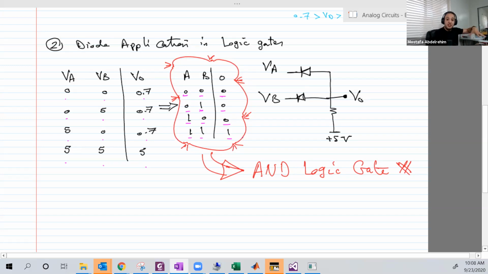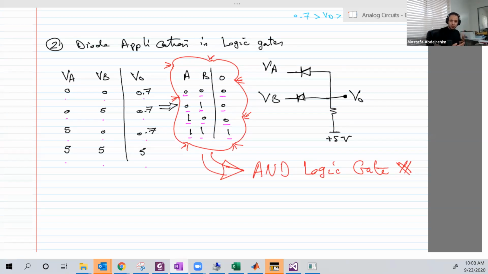Now, this is a digital circuit. It can be considered a digital circuit because the input voltages have only two values. Either 0, which is low voltage, or 5, which is a high voltage. And we found that the output is either 0.7, which is the on voltage of the diode, or 5.